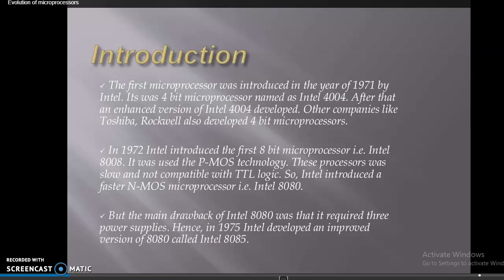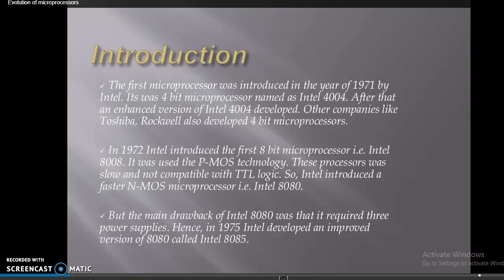Okay, first see the introduction. The first microprocessor was introduced in the year 1971 by Intel Corporation. It was a 4-bit microprocessor. I already told that 4 bit means the processor can process 4 bits of data at a second.